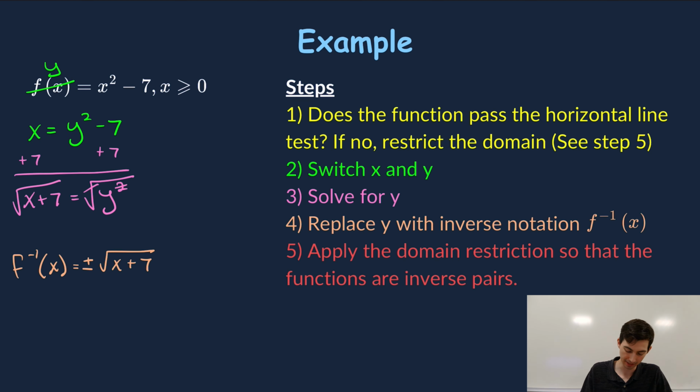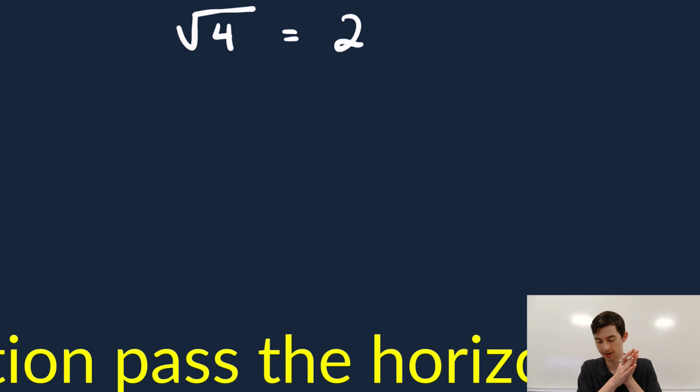Now why am I adding in this plus or minus sign? I'm going to come over here and we're going to talk about it. So let's say I had something like the square root of 4. Okay, the square root of 4, we can say we're thinking of what number squared can get me to 4.